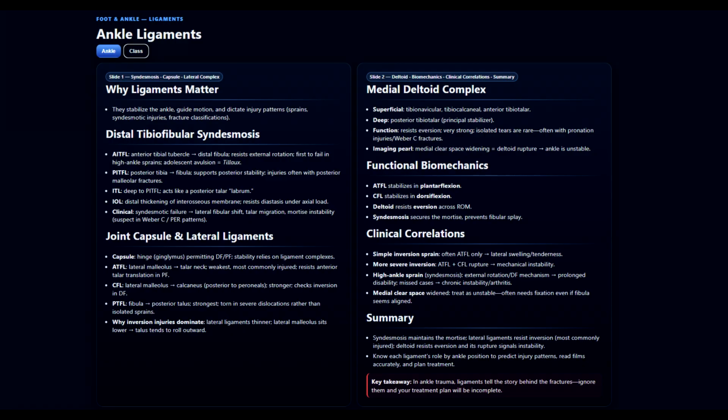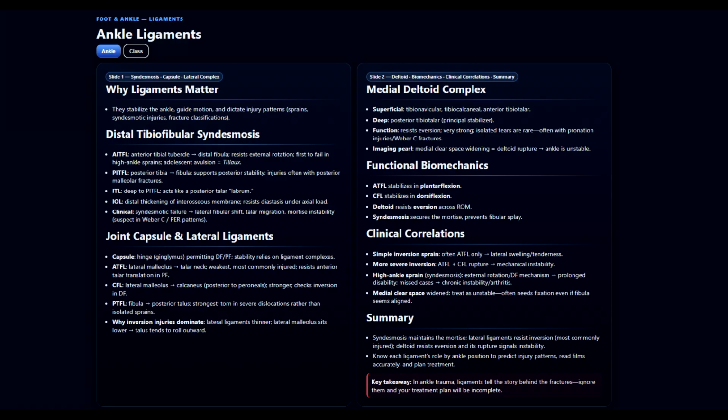The calcaneofibular ligament runs from the tip of the lateral malleolus down to the calcaneus, just posterior to the peroneal tendons. It is stronger than the ATFL and resists inversion, particularly when the ankle is in dorsiflexion. It is the 2nd most commonly injured ligament in ankle sprains.